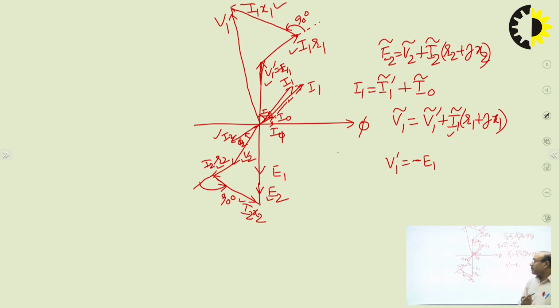In the third case, it may be a purely resistive load connected across the secondary. In that case the load current I2 and load voltage V2 will be in the same phase, along the same line.